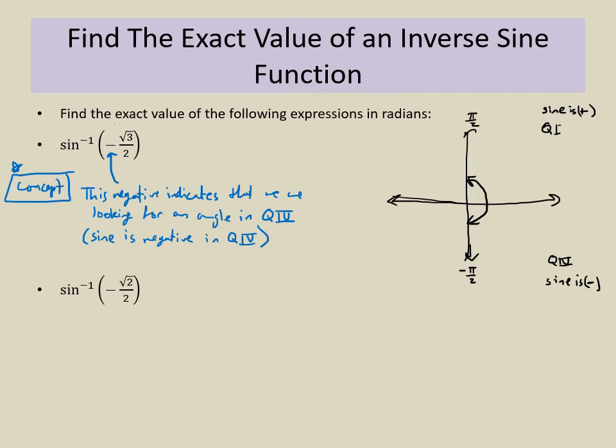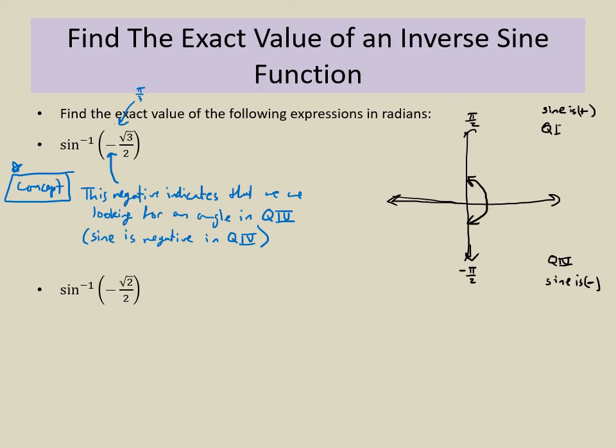Okay, so which angle is that? Which angle has the value square root 3 over 2? Well, I think that's the same one that we just talked about, pi over 3, correct? Pi over 3, 60 degrees.